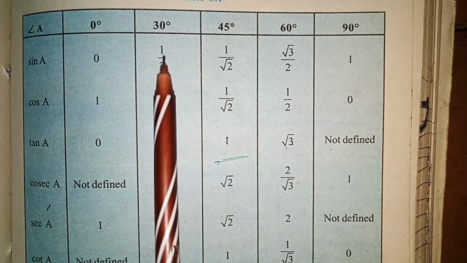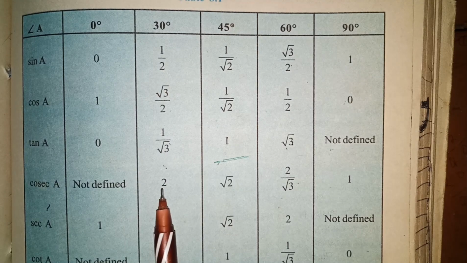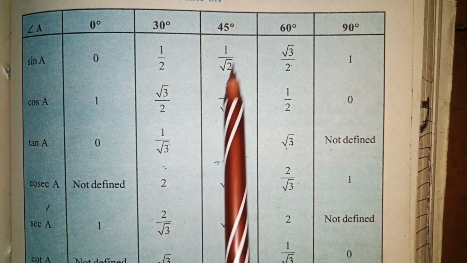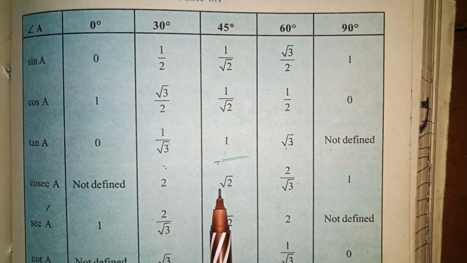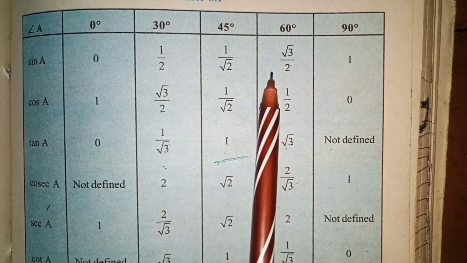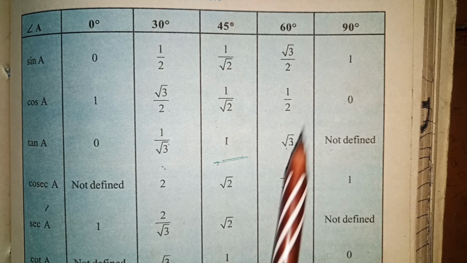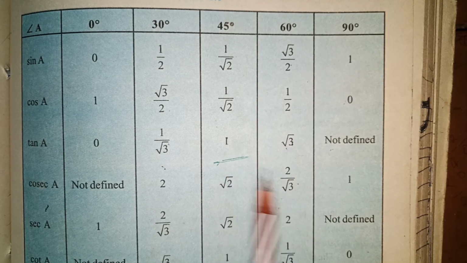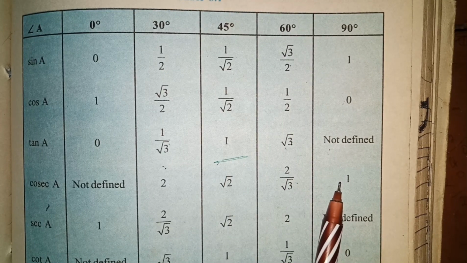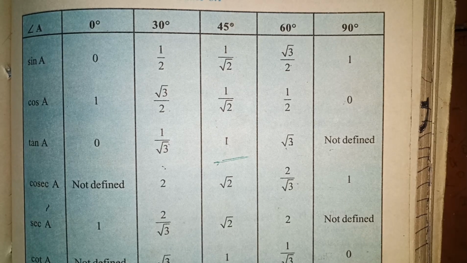On doing the reciprocal of 1 by 2, we will get 2. On reciprocating this value 1 by root 2, we will get root 2. On doing the reciprocal of this value, it will just get reversed, that is 2 upon root 3. On doing the reciprocal of 1, we will get just 1 as our answer. Now moving to the sec A part.